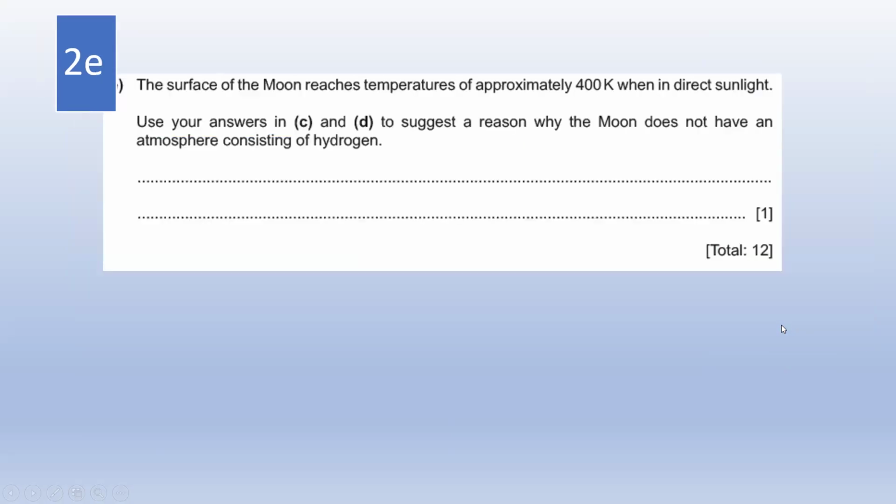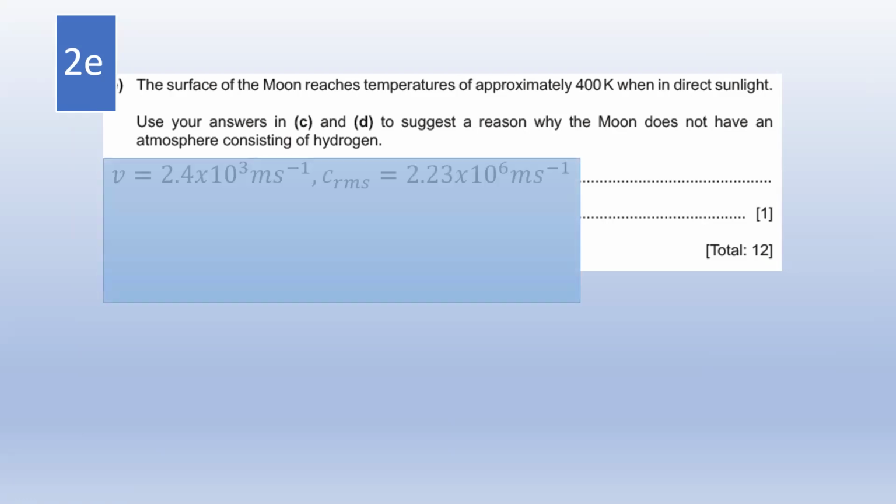The surface of the moon reaches a temperature of approximately 400 Kelvin when in direct sunlight. Use the answers in C and D to suggest a reason why the moon does not have an atmosphere consisting of hydrogen. Okay, these are the values that we have calculated. This is the escape velocity.